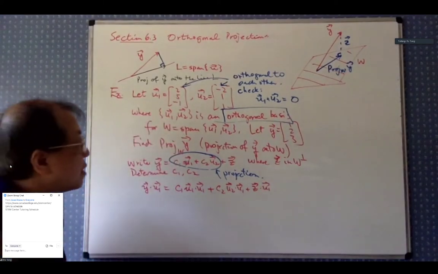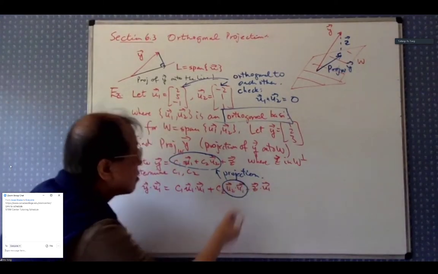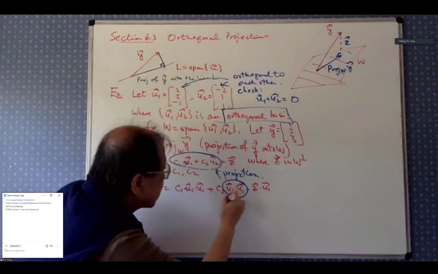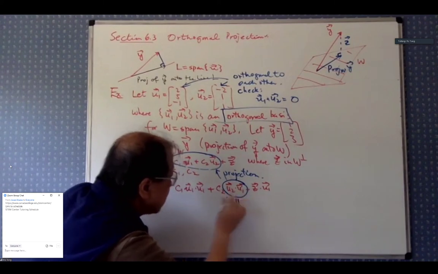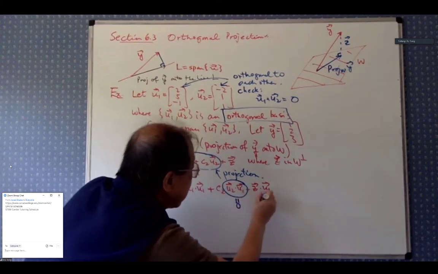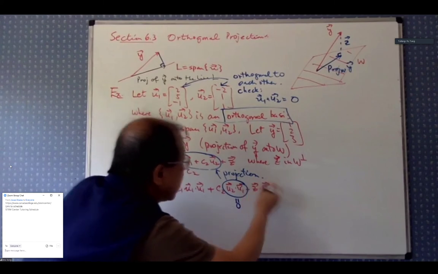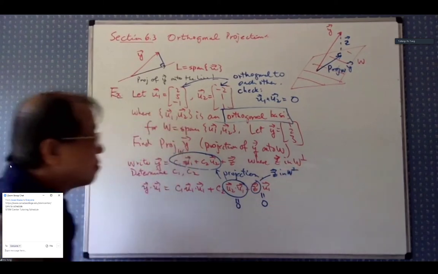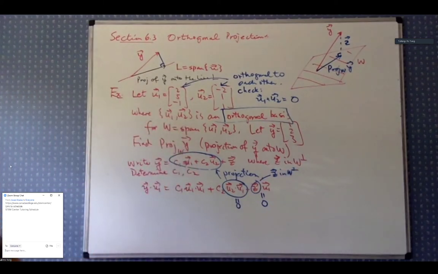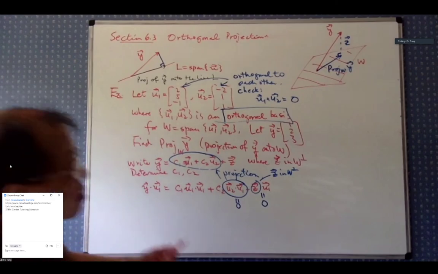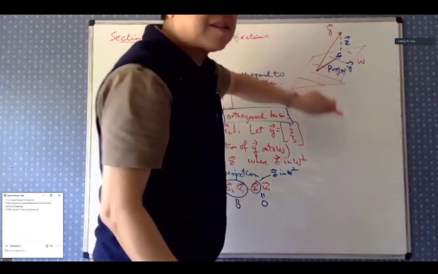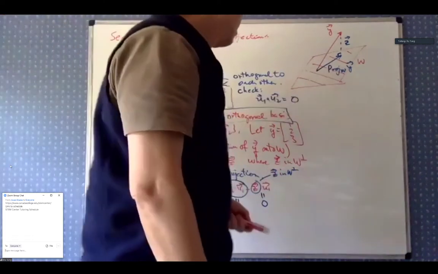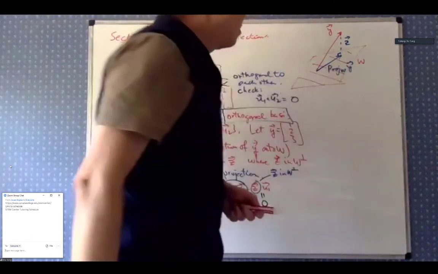Both of these are going to be 0. U1 dot U2 is 0 because those two are perpendicular to each other. Z dot U1 is also 0 because Z is in W perp, which means it's perpendicular to every vector in the subspace W. In particular, it's perpendicular to U1 because U1 and U2 are in W.